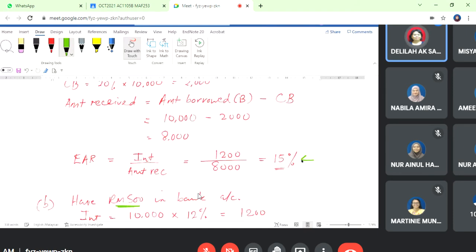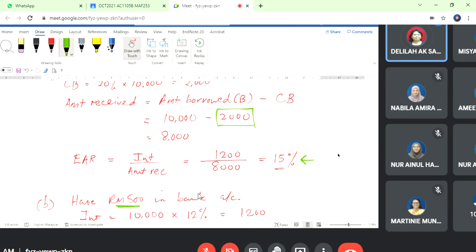Dekat atas ni, you had no money at all in the bank account, so you have to put up the entire compensating balance requirement. Semuanya dia tolak terus daripada pinjaman 10,000 ni.